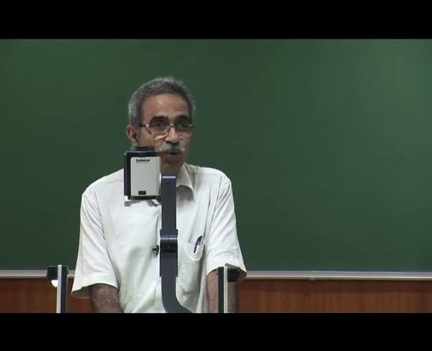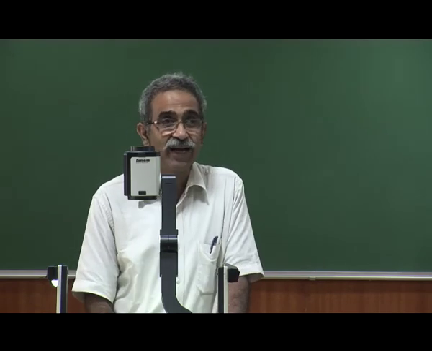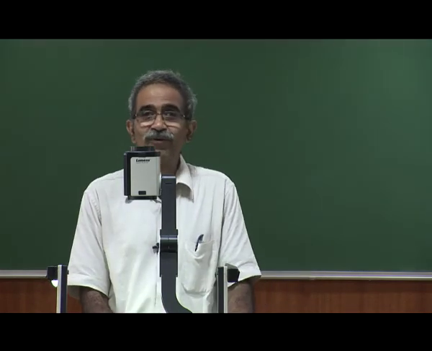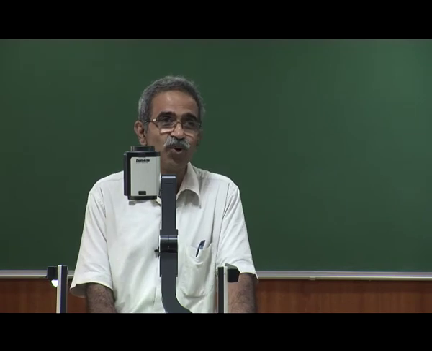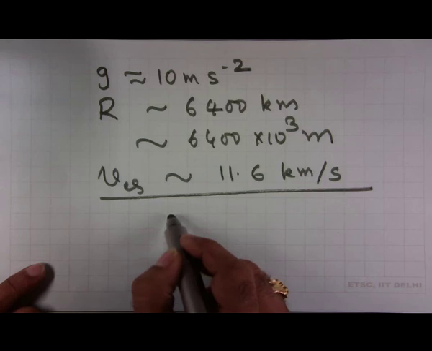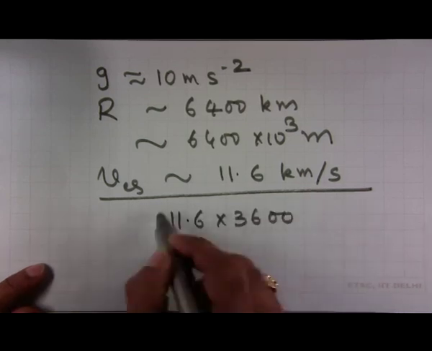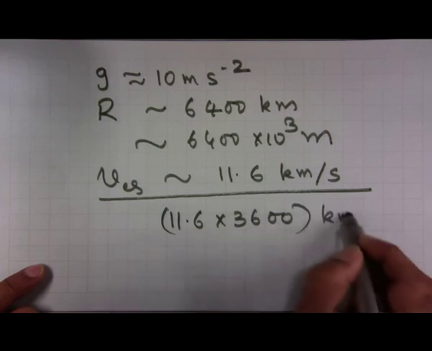If you want to know how big a number this is, please multiply it by 3600, because that is what we are used to when we look at vehicles that move on the earth or aeroplanes that move high up in the sky. So we are speaking of 11.6 into 3600 kilometers per hour.